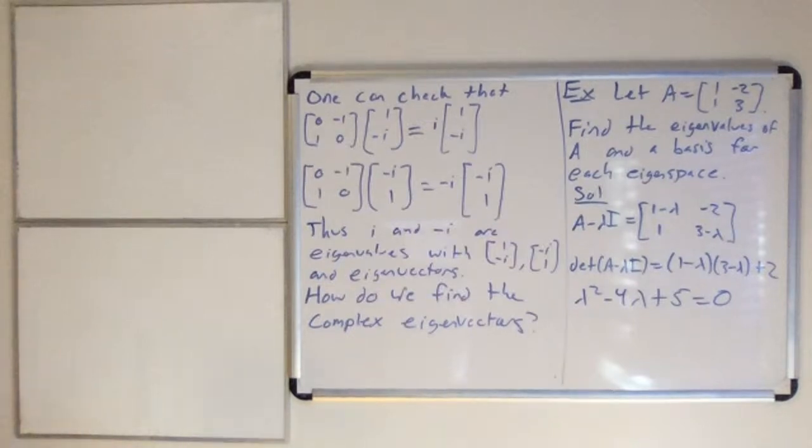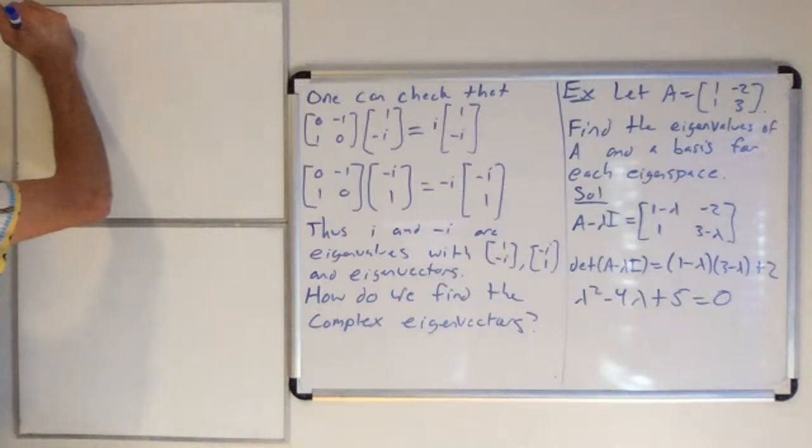So how do we solve this characteristic equation? Yeah, the quadratic formula is probably our best option. Completing the square also would work, but quadratic formula is a little bit nicer.